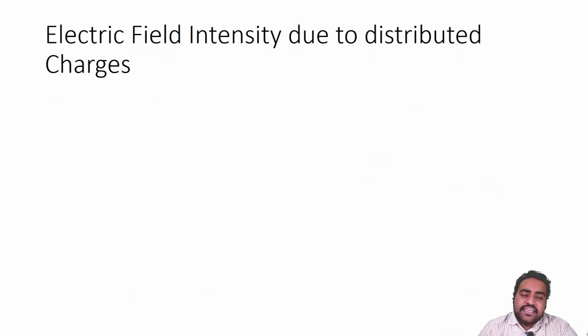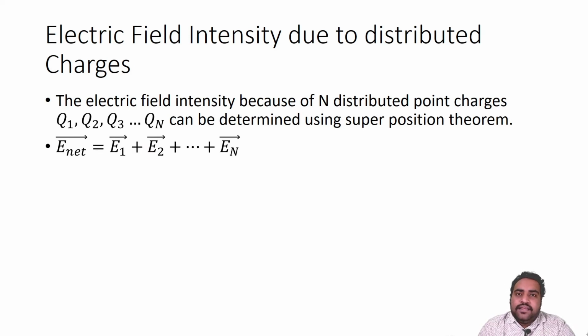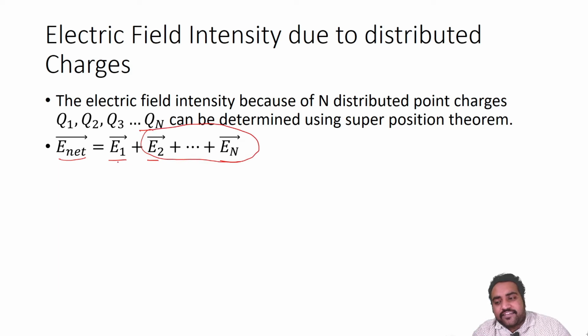Now, let us discuss the electric field intensity due to a distributed system of charges. In the earlier scenario, we had only the electric field intensity because of a single charge. What if instead of one charge, we have n distributed charges? Again, using the principle of the superposition theorem, the net electric field intensity is equal to the sum of individual electric field intensities, where all others are nullified while discussing one.